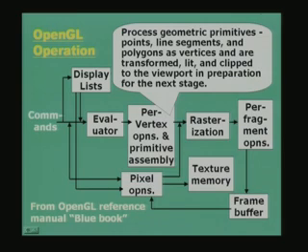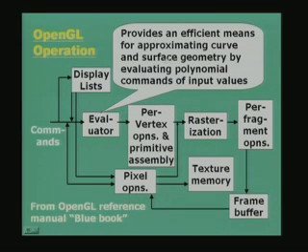The per vertex operations and primitive assembly process geometrical primitives. It processes points, line segments and polygons as vertices, and they are transformed, lit and clipped to the viewport in preparation for the next stage. So, as you see, the evaluator takes the input from the command directly or from the display list, and provides an efficient means for approximating curved segments and surface geometry by evaluating polynomial commands of input values.